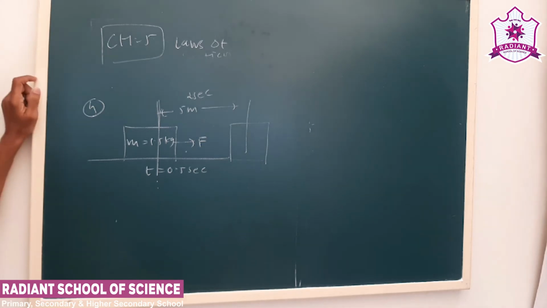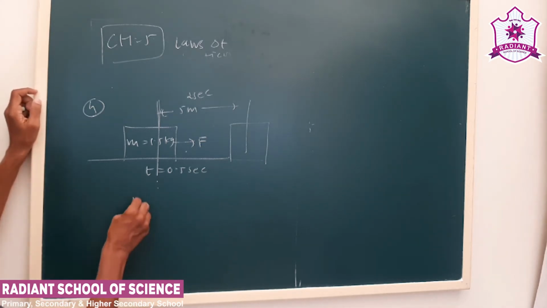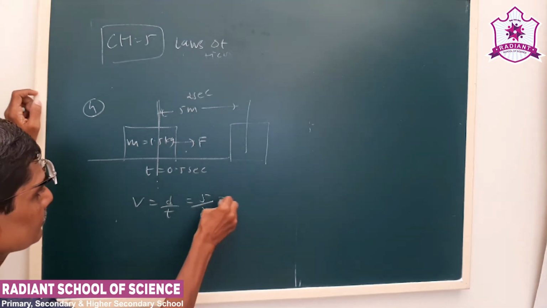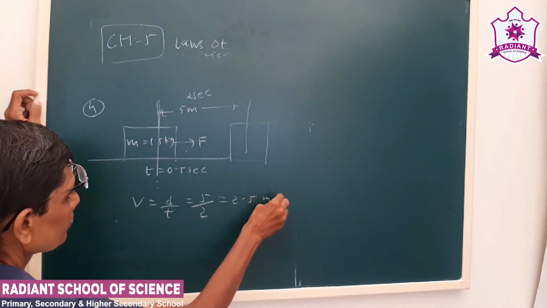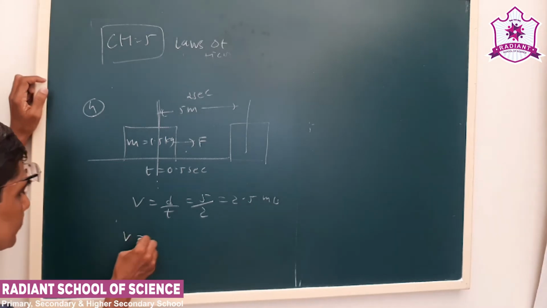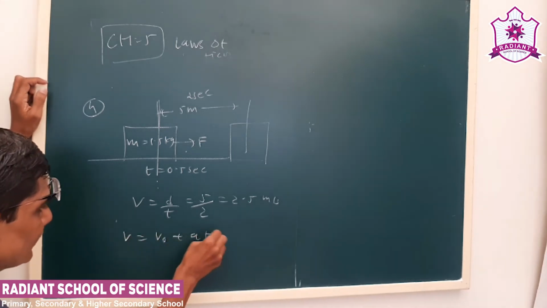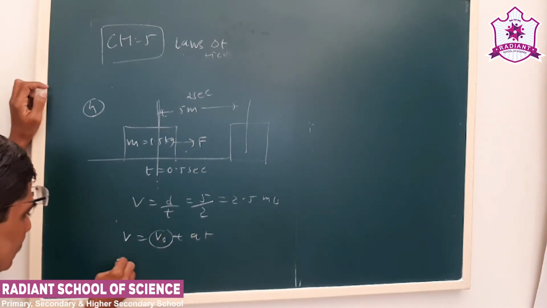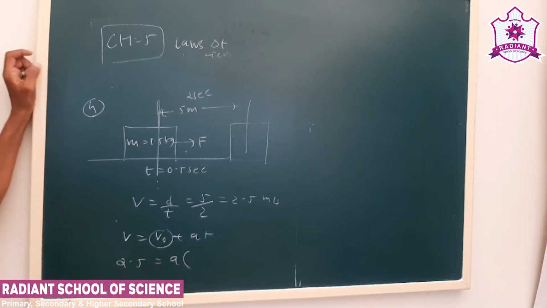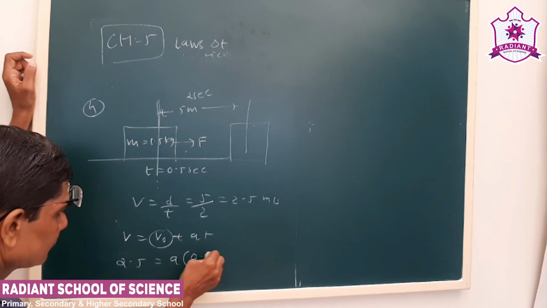Now see here, v is equal to d by t, so the velocity is 2.5 meter per second. Okay, now we have to calculate the acceleration produced. v is equal to v naught plus at. Initial velocity is 0. The force acts for how much? 0.5 second.